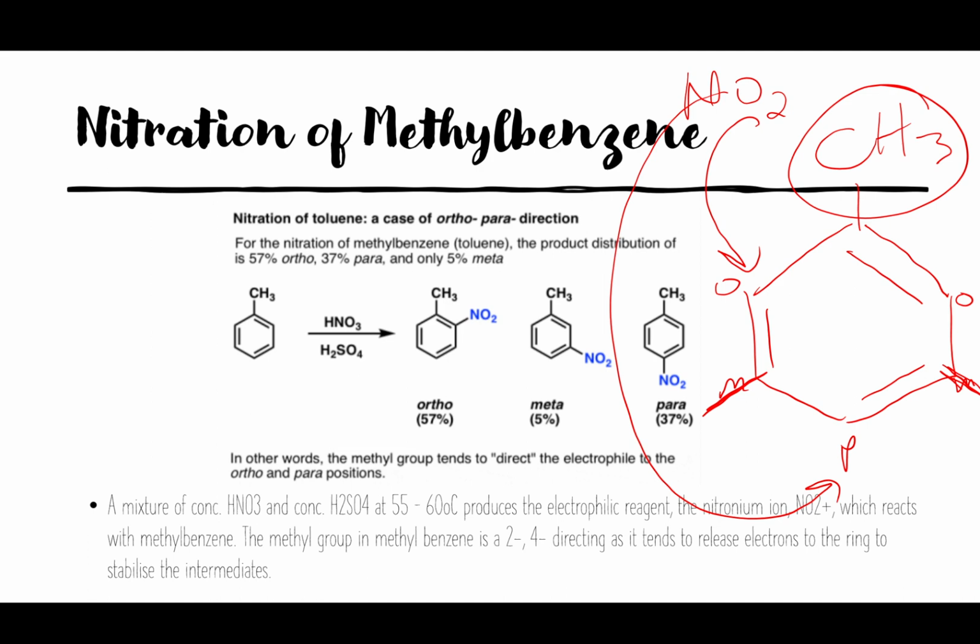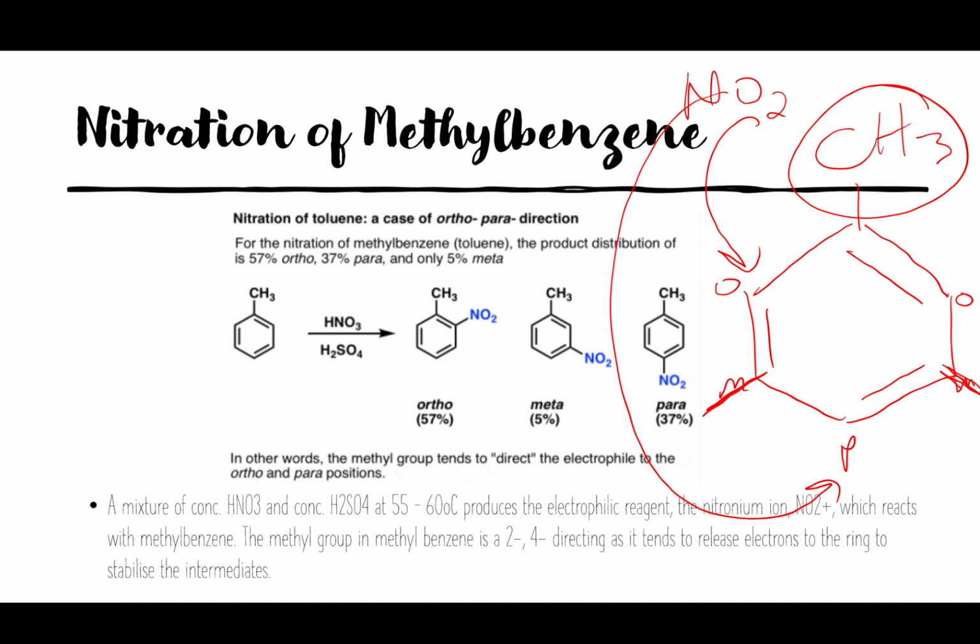So when the nitronium ion is coming in, the methyl group is telling the nitronium ion to go to the ortho or the para position, right? So that is what it's doing. It's directing the nitronium ion. You're going either to the ortho position or the para position, right? But if you can risk it, you go to the meta position. But the methyl group does not direct groups to the meta position. It is by chance that meta isomers are created, right?